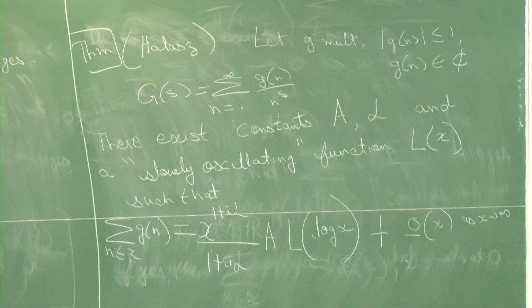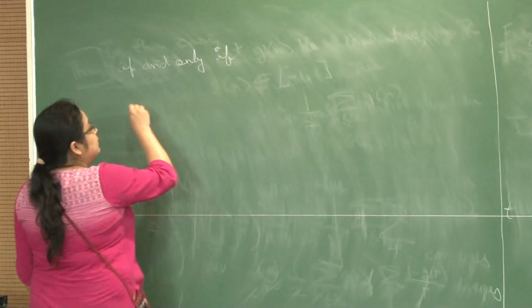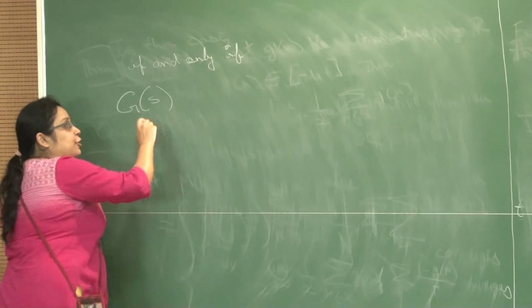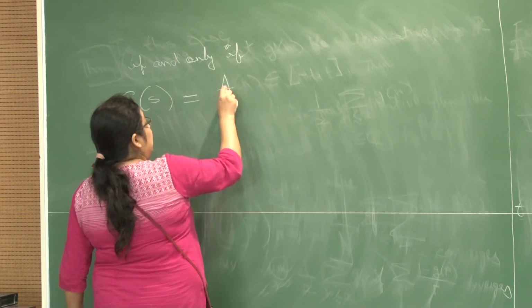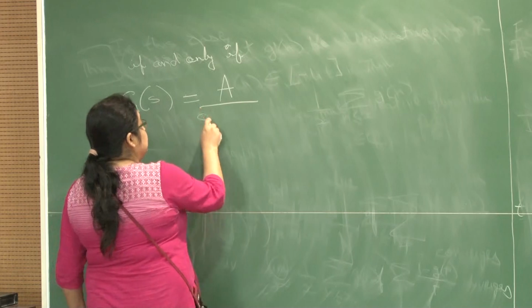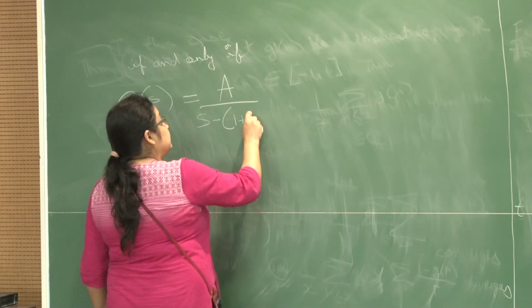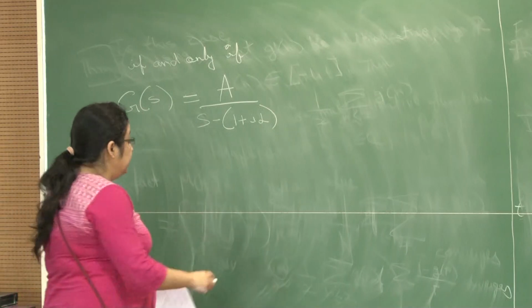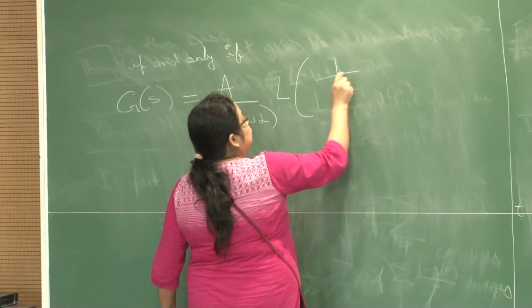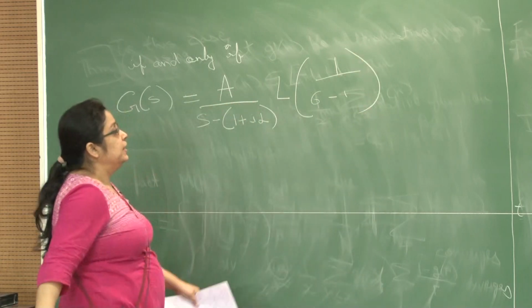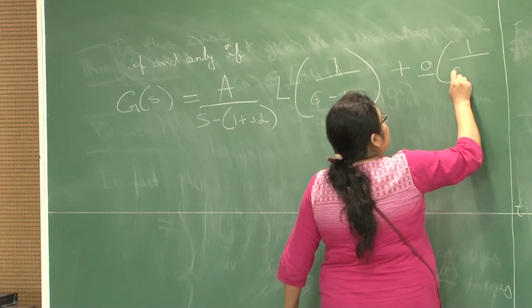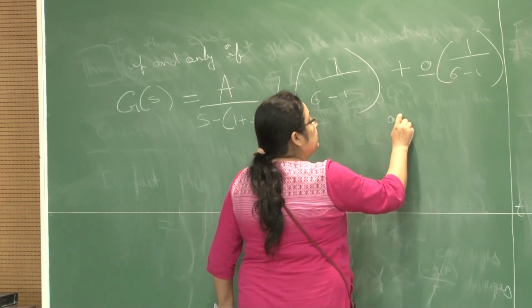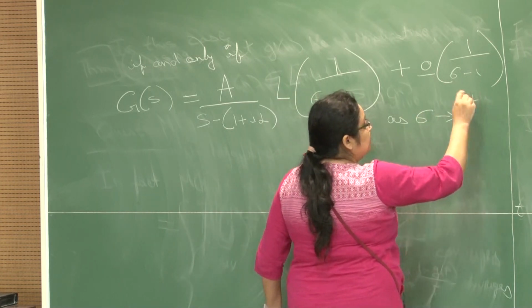So, the mean value can be written in this form if and only if the Dirichlet series G of s turns out to be equal to A over s minus 1 plus i alpha times capital L of 1 over sigma minus 1, plus little o of 1 over sigma minus 1 as sigma goes to 1 from the right.